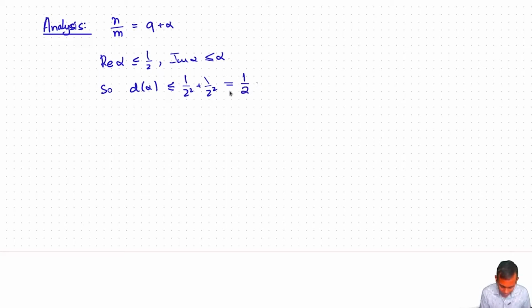So d of alpha is less than or equal to half, and now r is taken to be alpha times m.